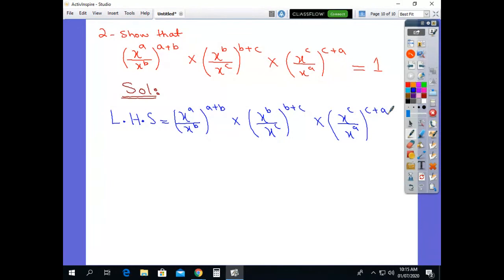Now we solve it and convert it into the right hand side, and the right hand side is 1.